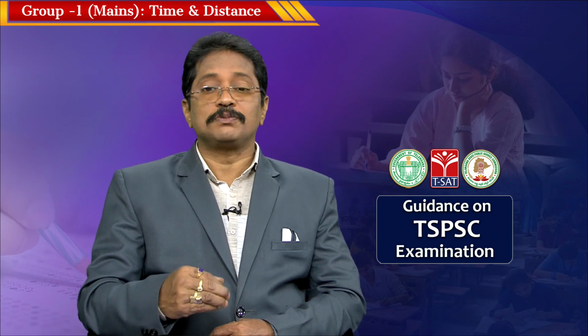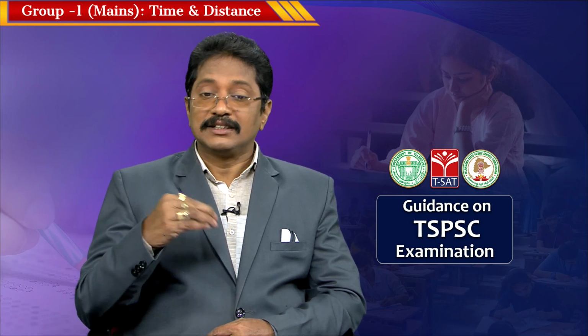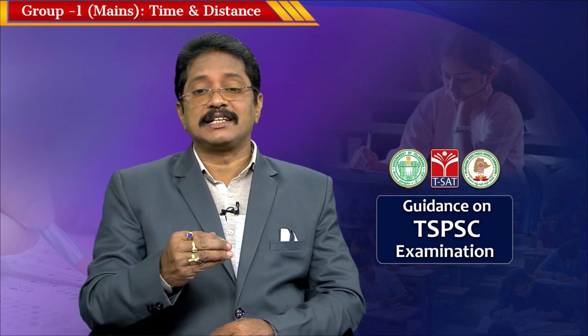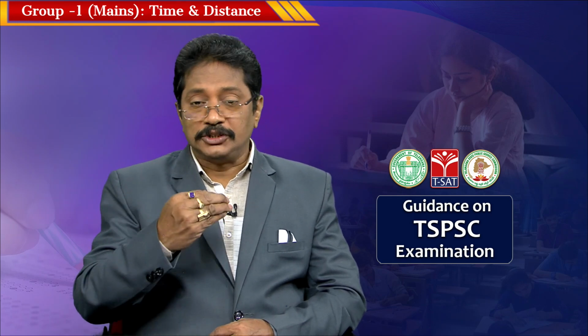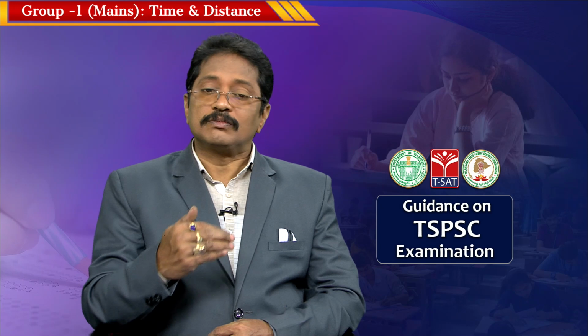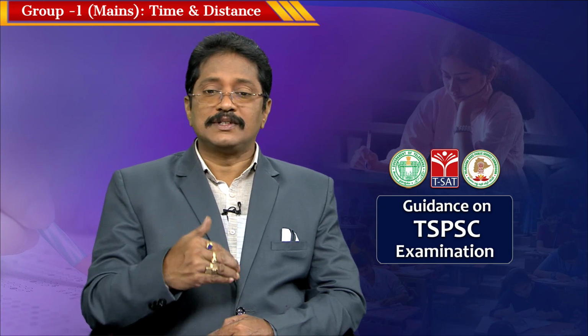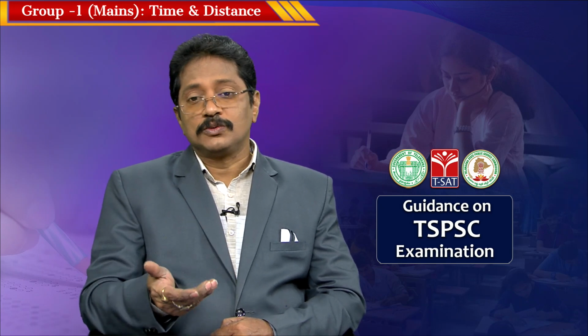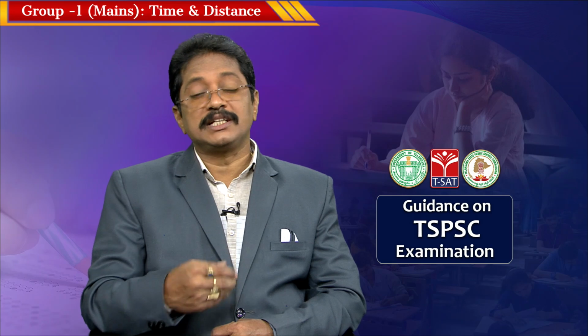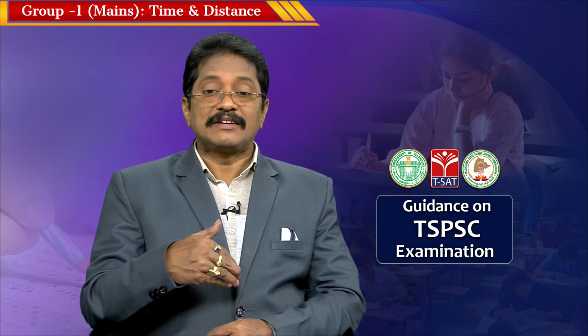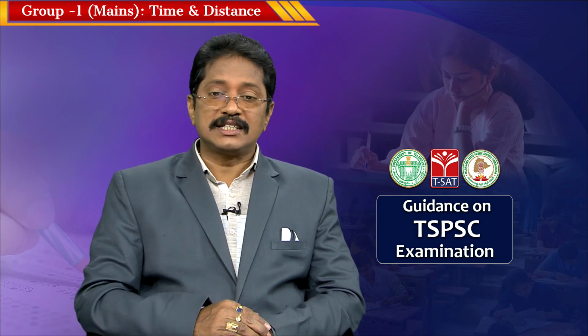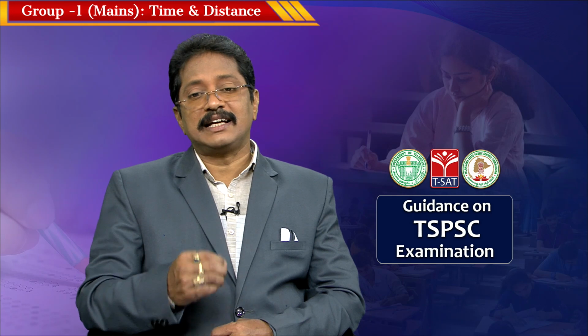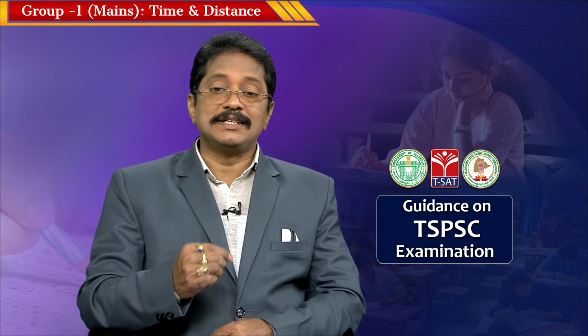The solution should be very clear and you have to concentrate on the method, the units and everything. So, in this session I am going to give clarity on how to do the time and distance problem in the simplest way. That will help you to answer these questions in a very simple and eminent manner.